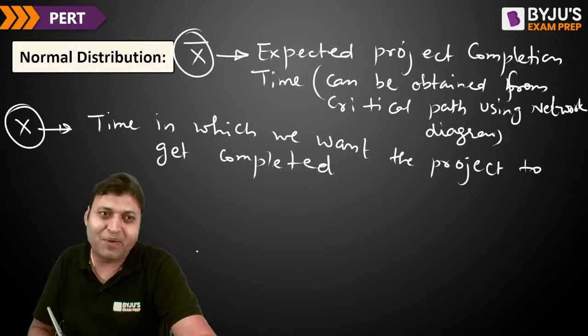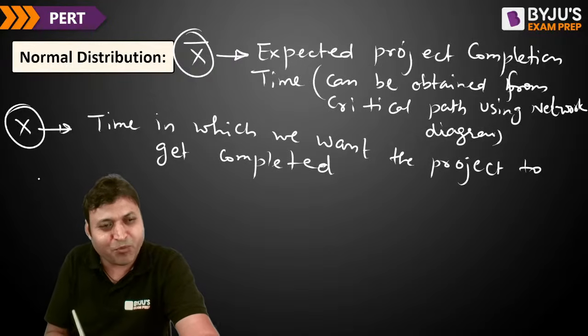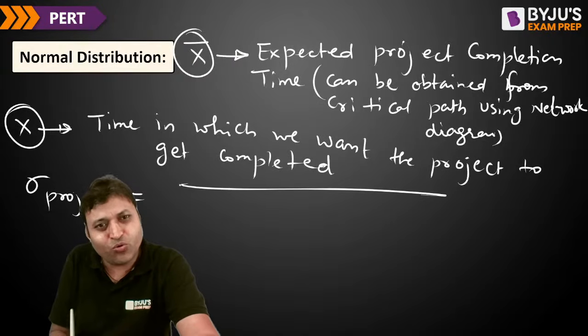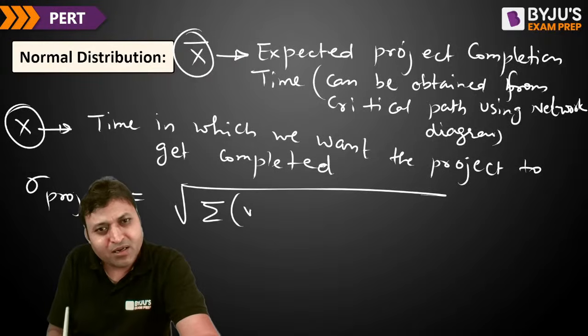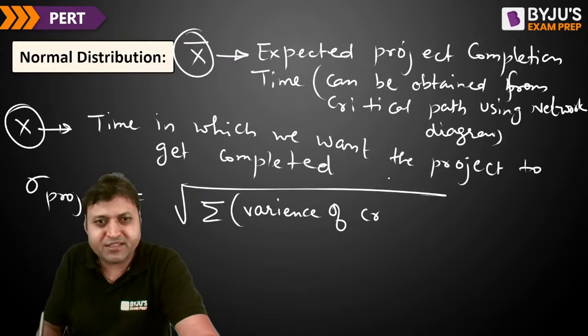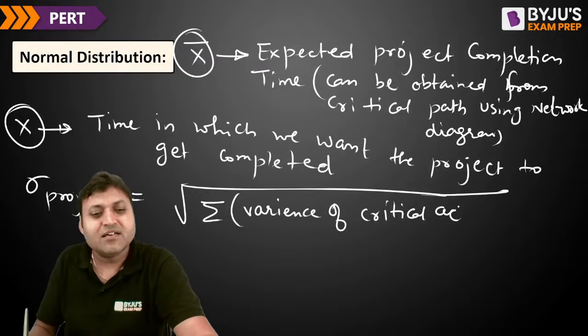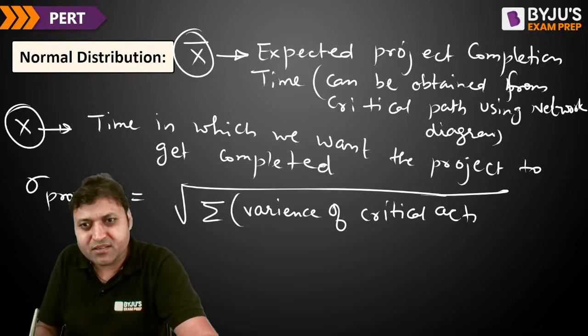And sigma for the project is the square root of the sum of variances of the critical activities. Variance is the square of sigma; variance is the square of standard deviation.